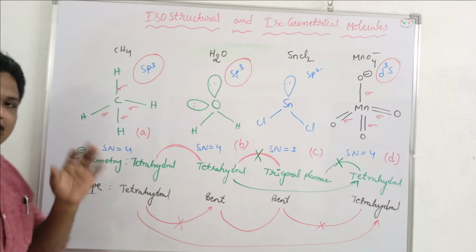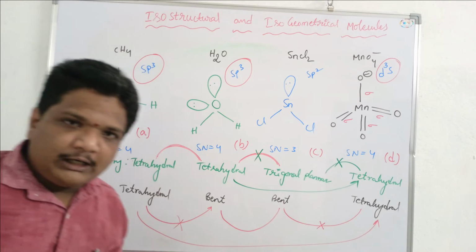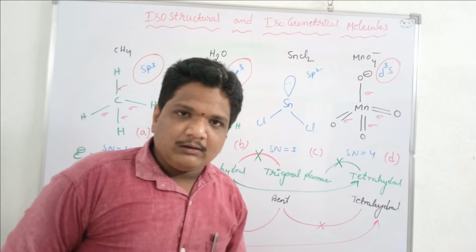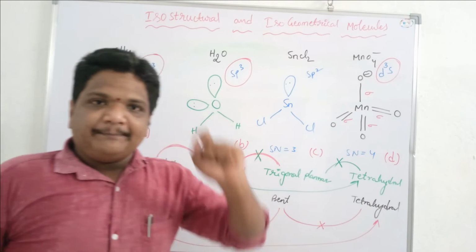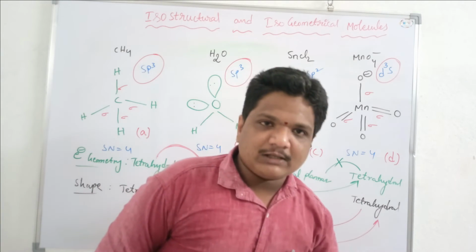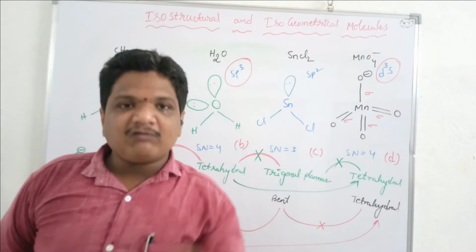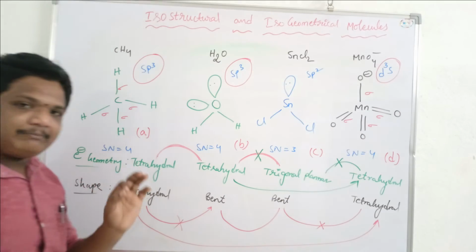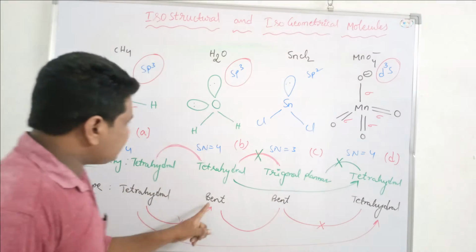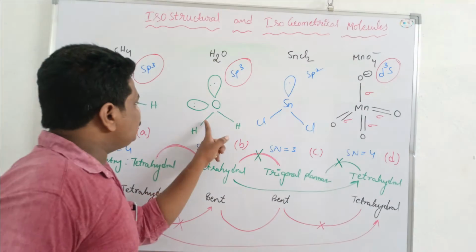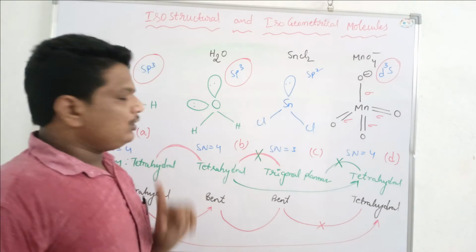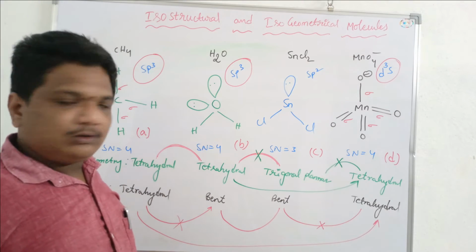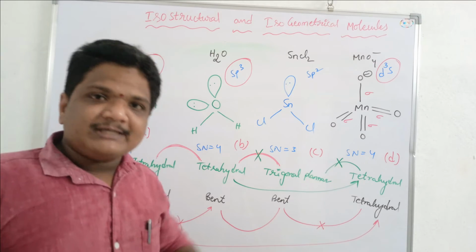So if two molecules are isostructural, they must have the same number of sigma bonds and the same number of lone pairs. Here molecules A and D have the same number of sigma bonds. In the case of this one, we have 2 sigma bonds and here also 2 sigma bonds, so they have the same number of sigma bonds.